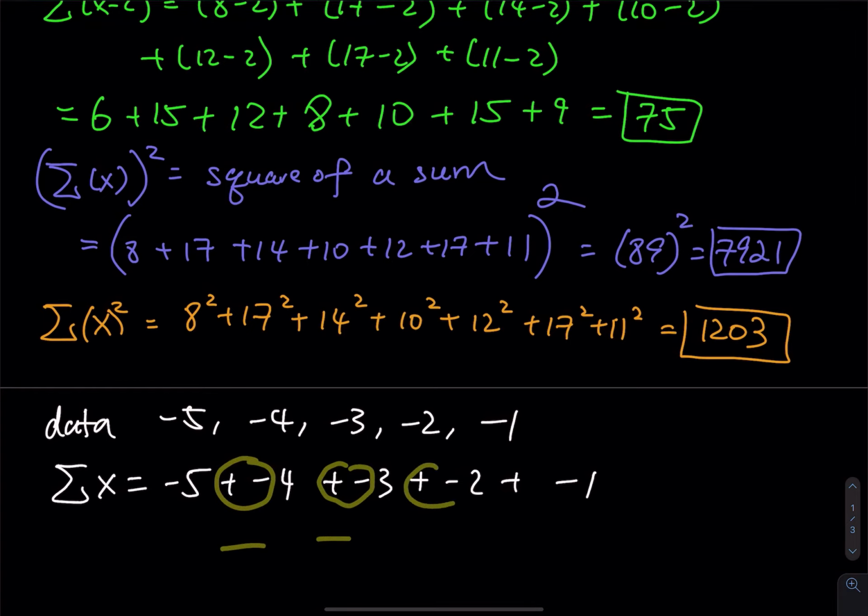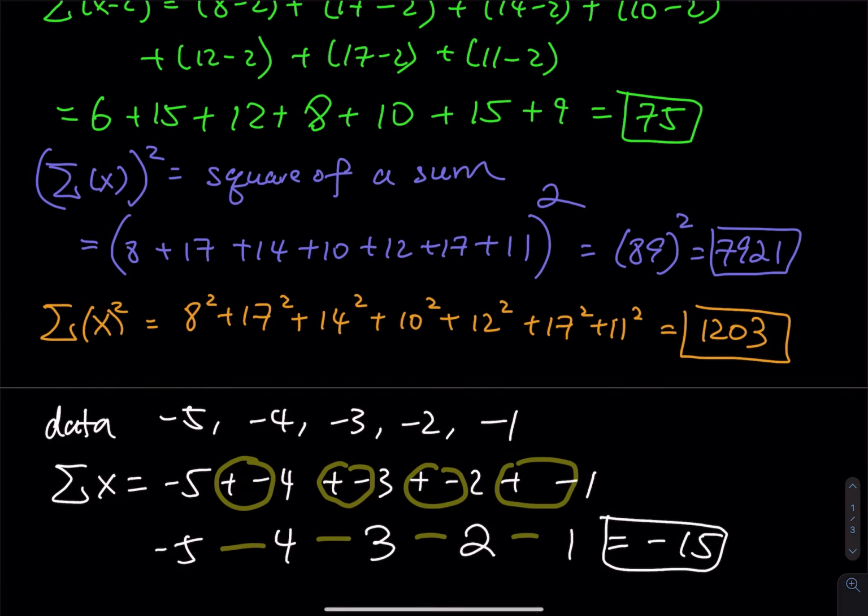So that means we have -5 minus 4 minus 3 minus 2 minus 1. So -5 minus 4, -9 minus 3, that is -12, -14, -15. So the sum is equal to -15.